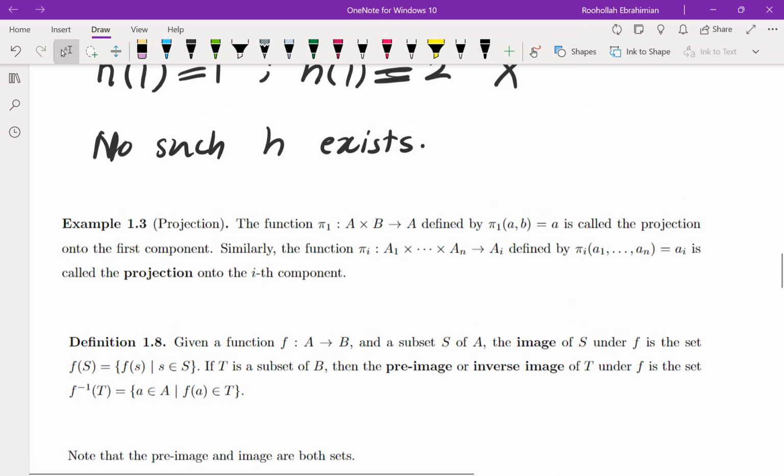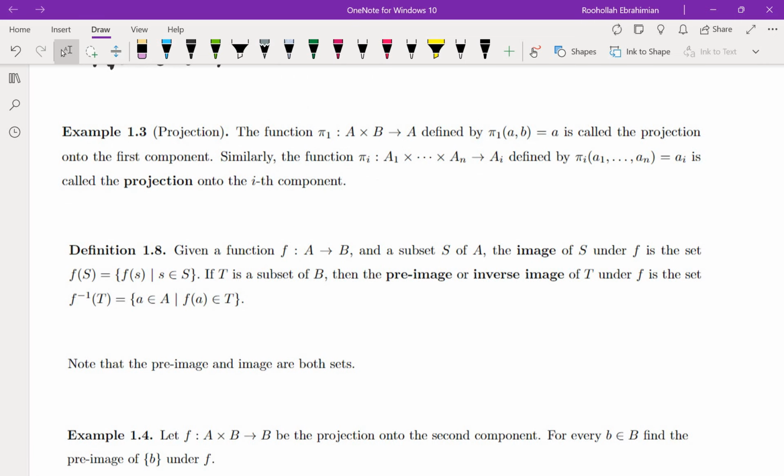Okay, so let's move on to one example. We'll do a few examples, and then we'll do an important definition and a theorem. Here's an example. The function pi1 from A cross B to A defined by pi1 of (a, b) equals a is called the projection onto the first component.